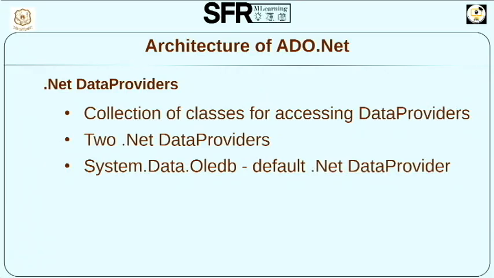It establishes a connection between datasets and data stores. There are two .NET data providers. The first one is via ADO, that is the System.Data.OleDb namespace. The second one is for SQL Server, that is the System.Data.SqlClient namespace. System.Data.OleDb is the default .NET data provider.